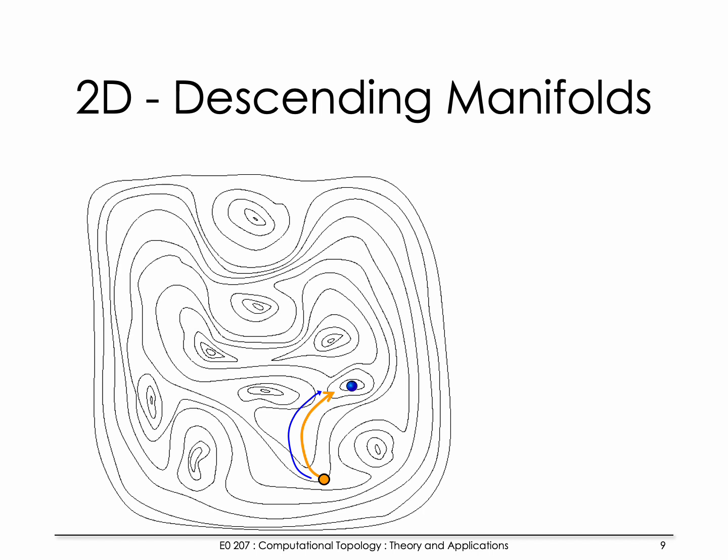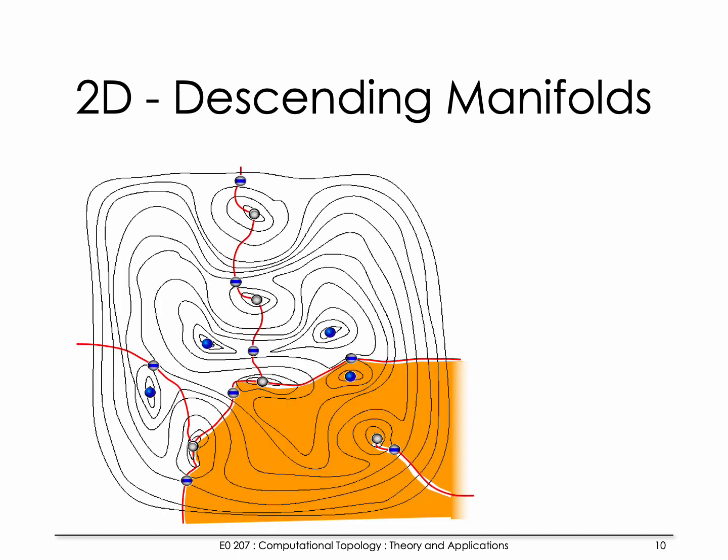So you pick any point as shown here by this orange point, and you begin tracing the integral line that passes through this point. You will walk along this orange curve and move towards a maximum. You collect all the points that march towards this common maximum, and you have the descending manifold of that maximum.